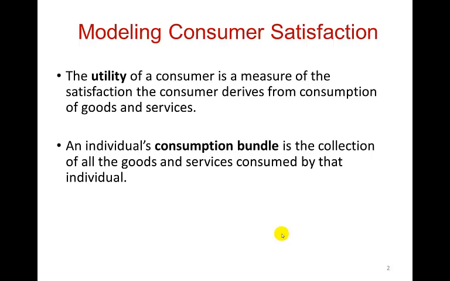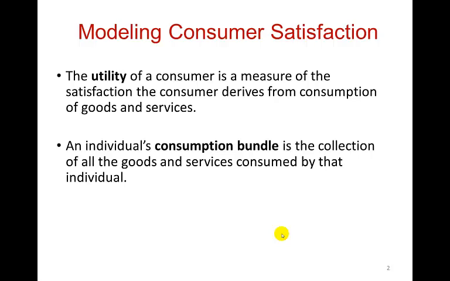We're going to be talking about consumers purchasing what are called consumption bundles. A consumption bundle is just a collection of the goods and services consumed by that individual. We are going to simplify things here and just talk about consumption bundles of only 2 goods, but this can be easily extended to an arbitrary number of goods, but that makes the math a little bit too complicated for us, so we will just stick with 2 goods.